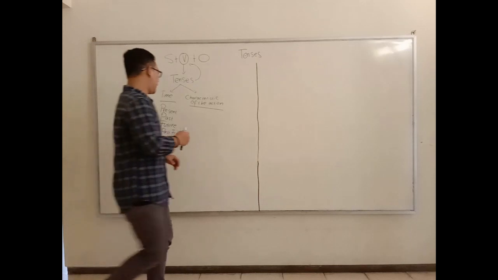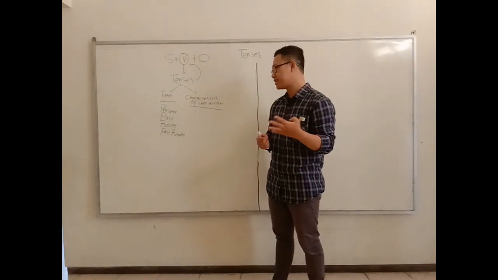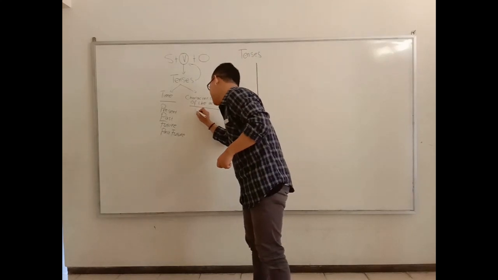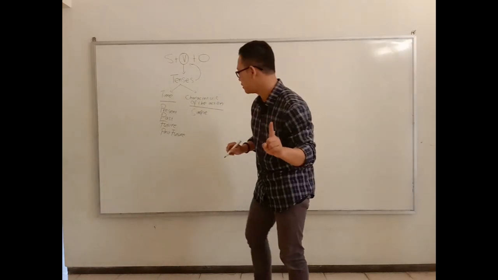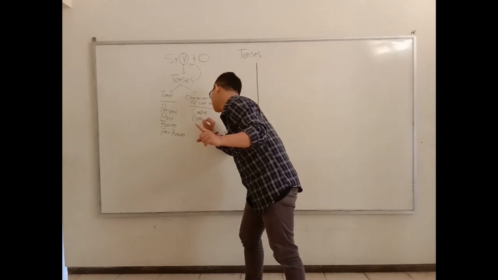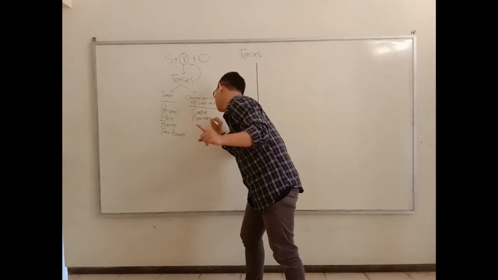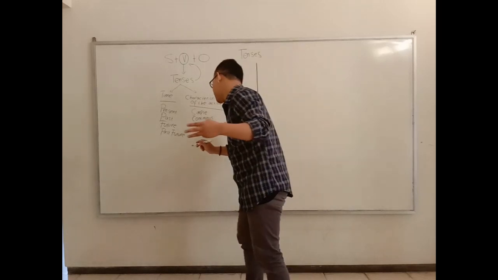Okay. And then there are 4 characteristics of the action in English. Number 1 is simple. Number 2 is continuous. And then number 3 is perfect.